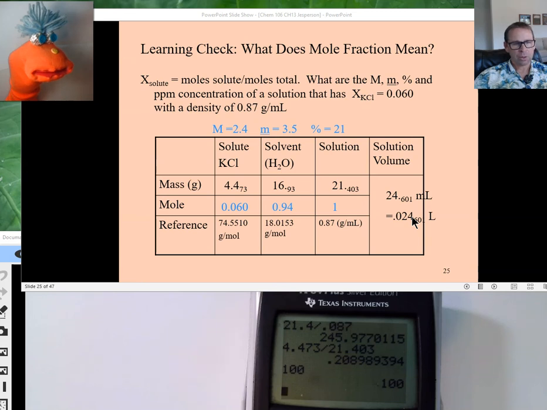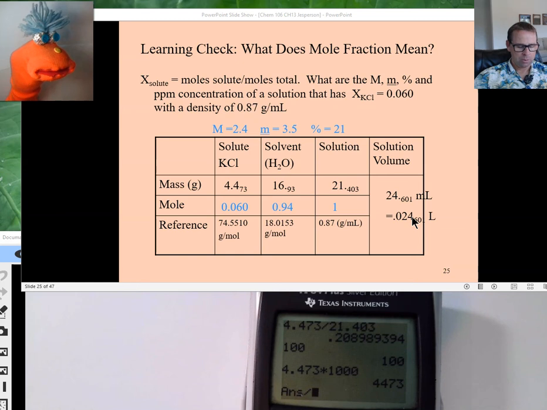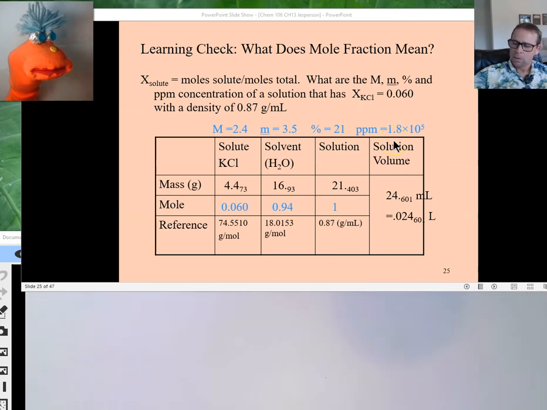Okay, so we got milligrams of solute, 4.473 times 1,000, divided by liters of solution, 0.0246. So we got 181 parts per million, or 1.8 times 10 to the 5th parts per million. Not 181, 181,829 parts per million. Okay.